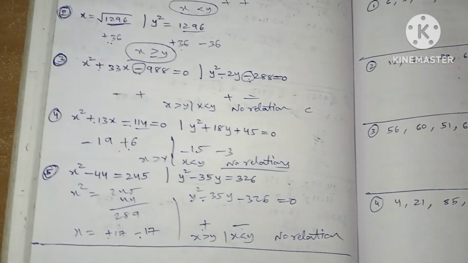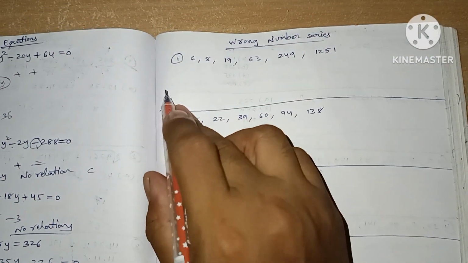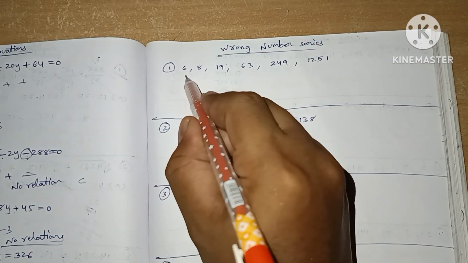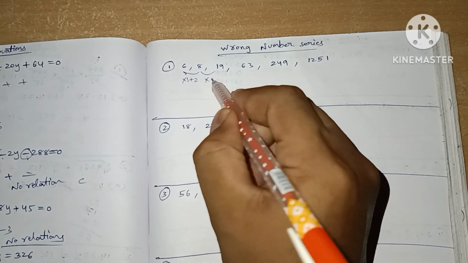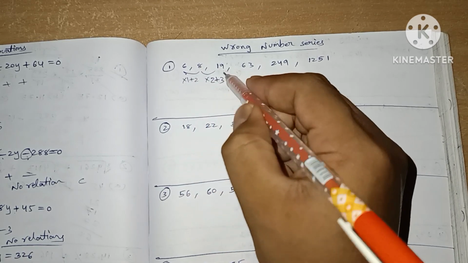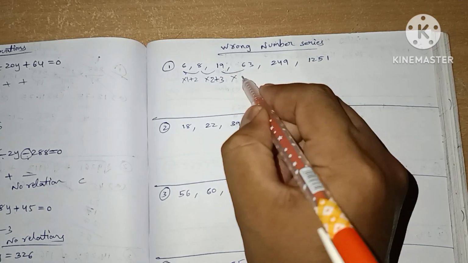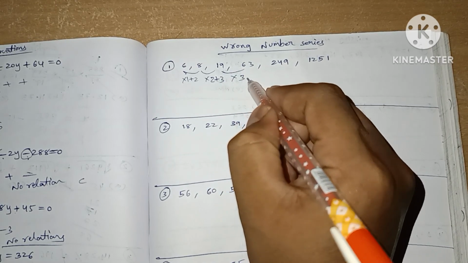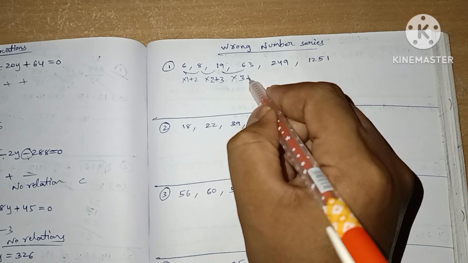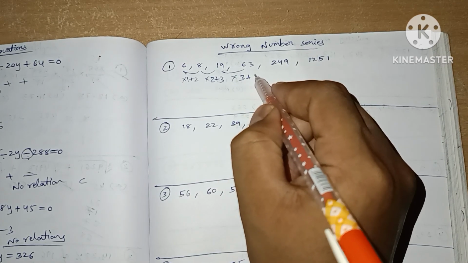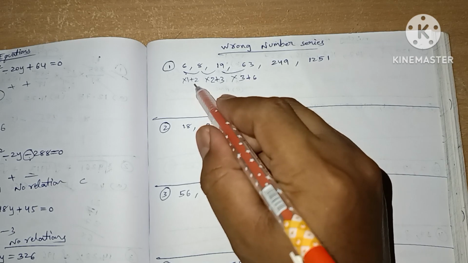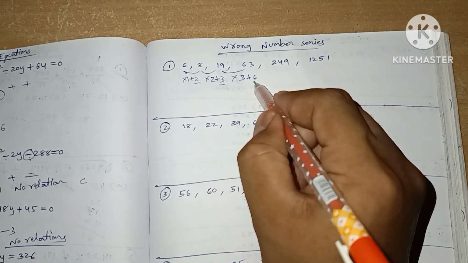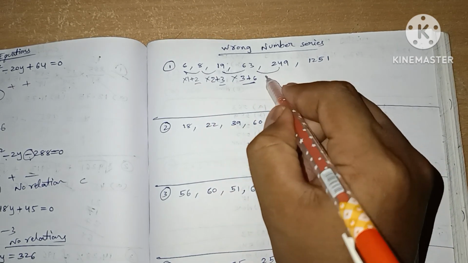Now we are going to see wrong number series. Wrong number series, first question. Here it is clear that it is into 1 plus 2. Here it is into 2 plus 3, which will be 19. Into 3, which will be 57, plus 6. Here it is plus 6. But here 2, 3, maybe this is the wrong one. Let's see this one.